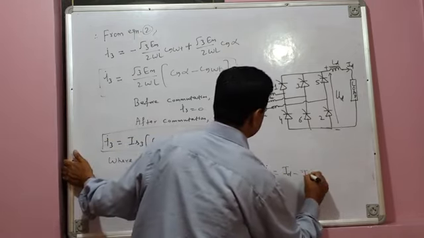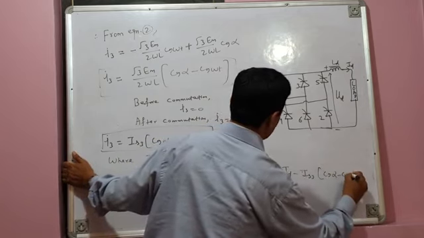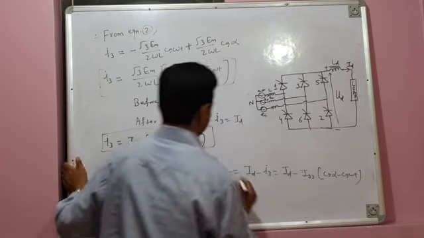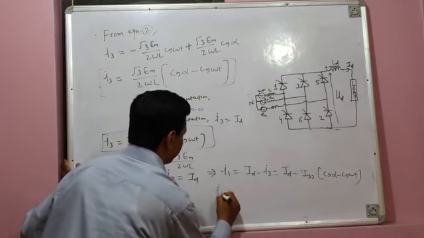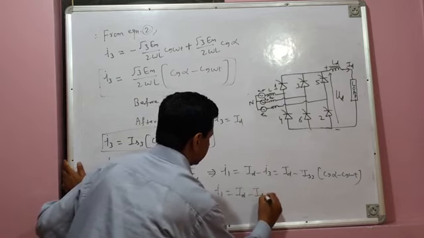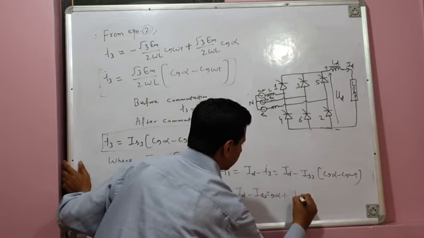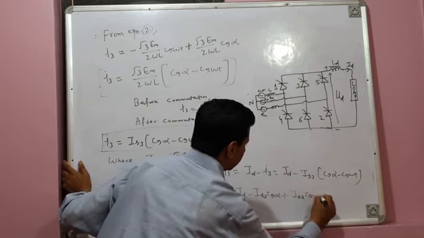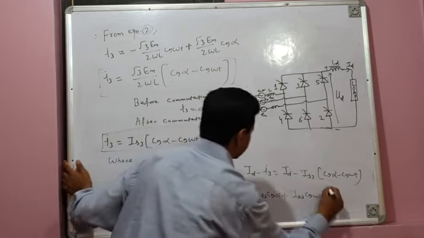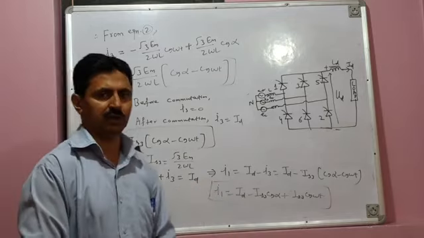This is IS3 times cos alpha minus cos omega t. So I can write I1 is equal to ID minus IS3 cos alpha plus IS3 cos omega t. So this gives the mathematical expression for current through valve 1, that is I1, during commutation overlap.